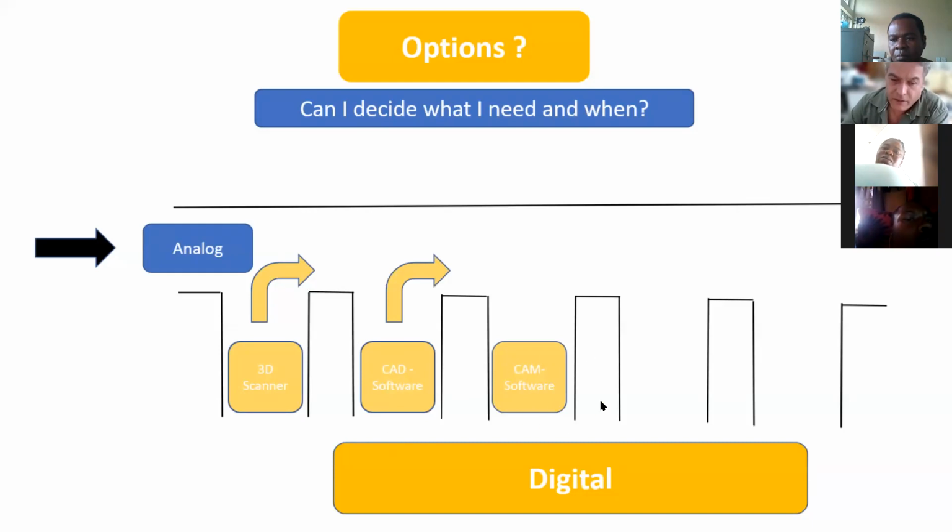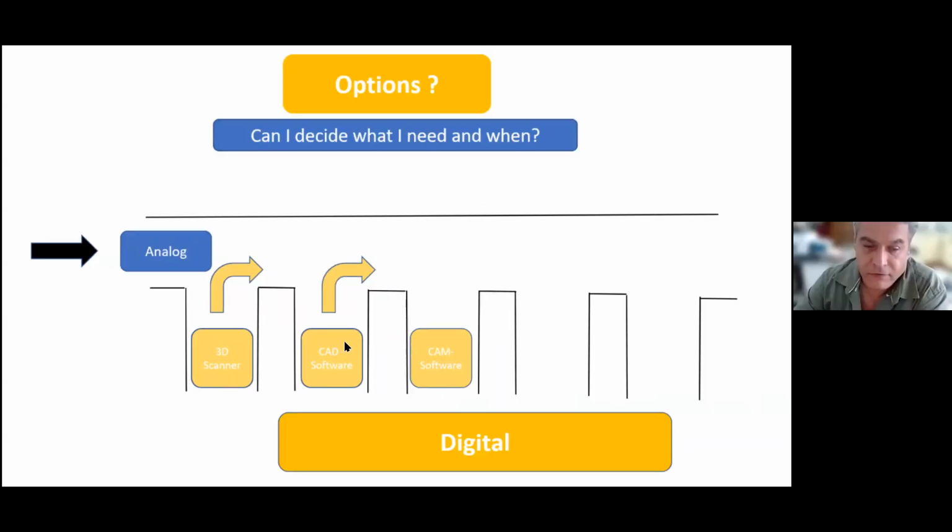After that we need CAM software. The difference between CAD and CAM is that one is for designing, and the other software transforms what we have designed for the machines we use afterward, if we do milling or printing or a combination of that.